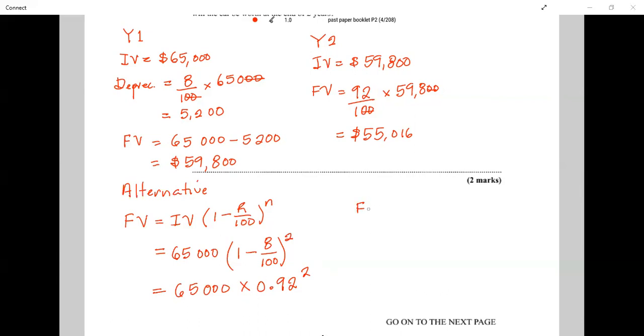The final value would be $55,016. So you could do it like what you're seeing at the top, or you could use the alternative approach, which is at the bottom. Anyone that you are comfortable with, you could use, it doesn't matter.